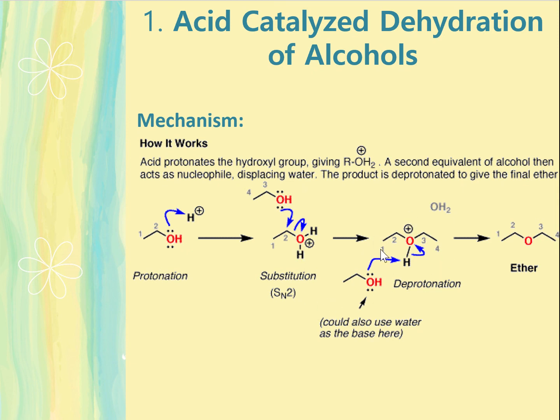This intermediate has a hydrogen present on the oxygen, and therefore it needs to be deprotonated. Another molecule of alcohol or water could pull this proton, quench the positive charge, and we end up with an ether. So this is the acid catalyzed dehydration of alcohols.